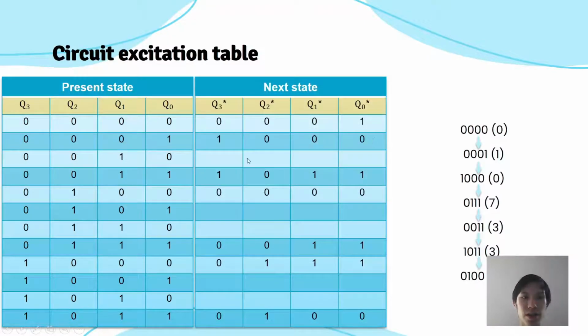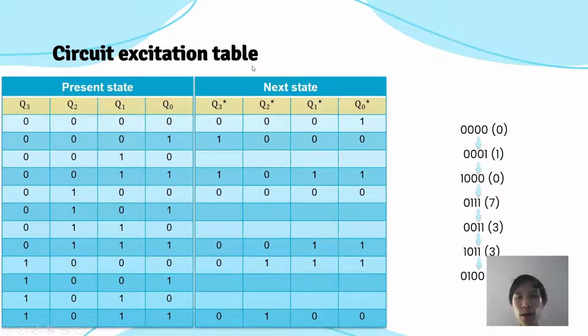We need to count from 0000 to 0001. So the present state 0000, the next state is 0001. And from 0001, we need to change it to 1000. So the present state 0001, the next state will be 1000. And we do similarly with other numbers.